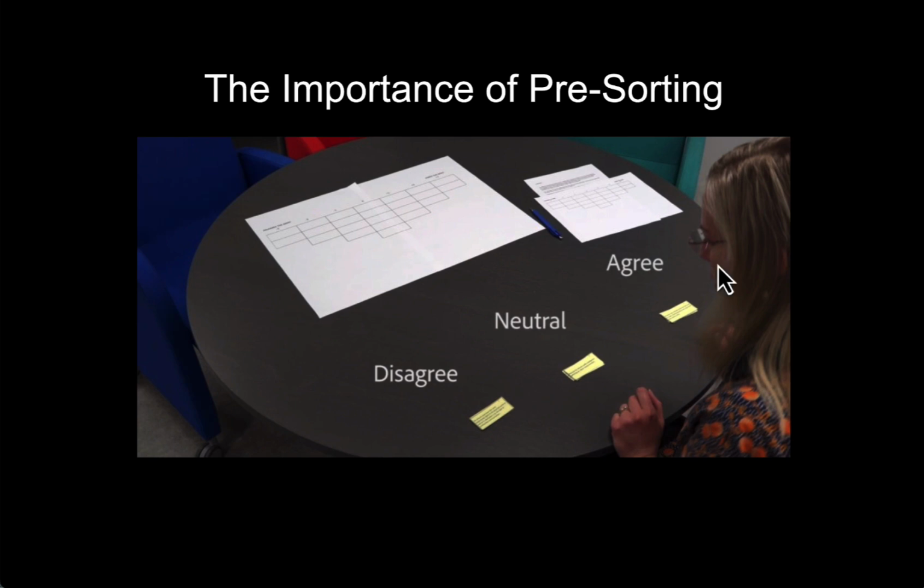I think this is really important on many levels. One, it very quickly gets the participant very familiar with all of the statements without any stress or worry. They're just taking a look at each one. But then it's more of a divide and conquer kind of approach. They already have a sense of what they think about those particular statements in each pile. And I really do think that makes the actual final sorting much easier and much more satisfying for the participant to do. So do not overlook this important step.